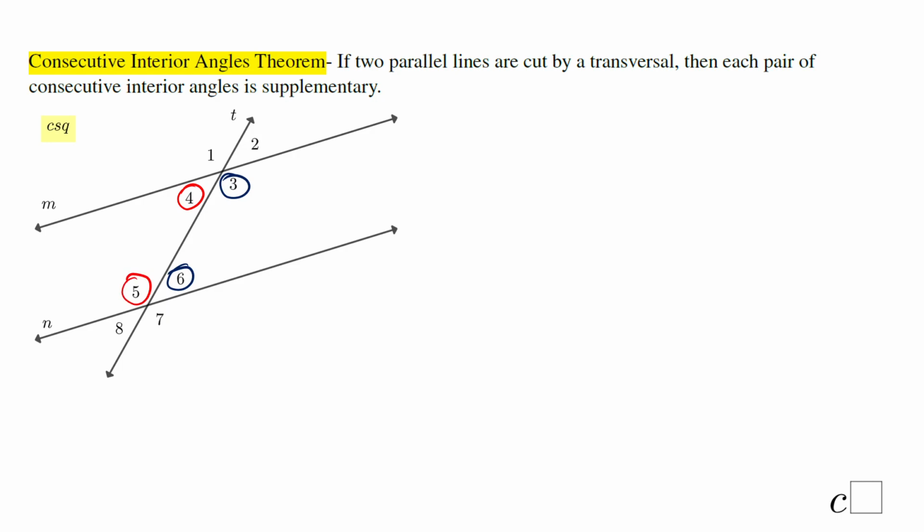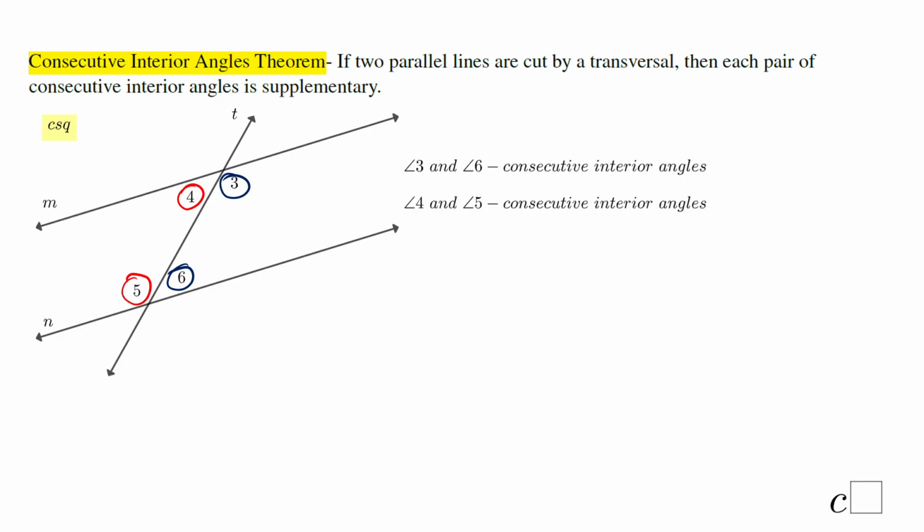If you match them like that, okay, 3 and 6, 4 and 5, you notice these two angles are not congruent. These angles are supplementary. So look at here what my statement says here. The measure of angle 3 plus the measure of angle 6 equals 180. Okay, that's what this says here.